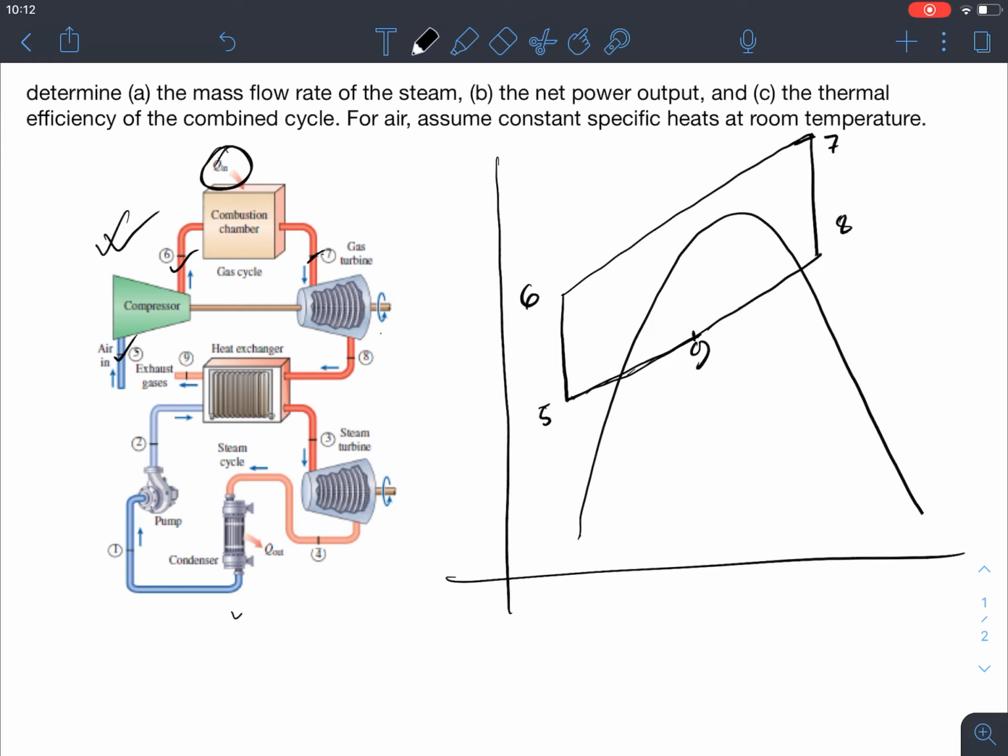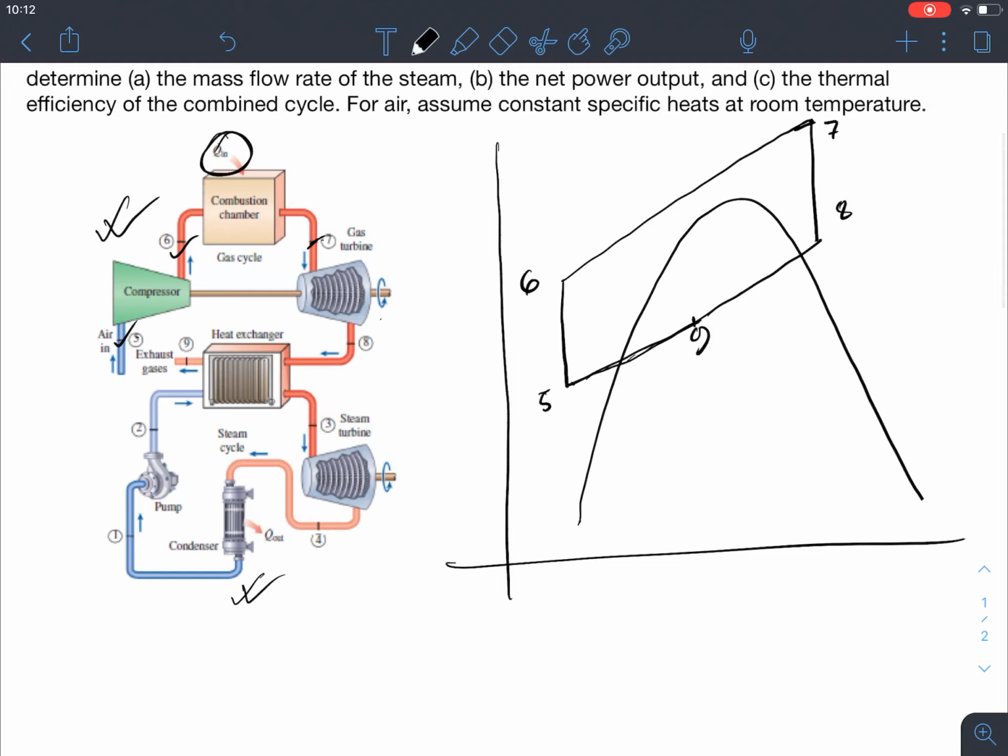What is happening in the vapor power cycle, or the steam cycle? From 1 to 2 the pump is increasing the pressure and slightly increasing the temperature as well. So it would be 1 to 2, and then from there it goes like this.